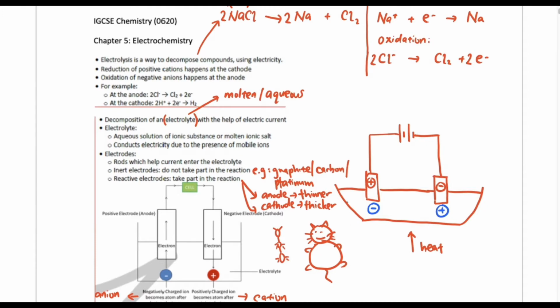Okay, so it takes part in reactions. An example is you use copper electrodes for both cathode and anode. You use copper together with copper(II) sulfate as the electrolyte.